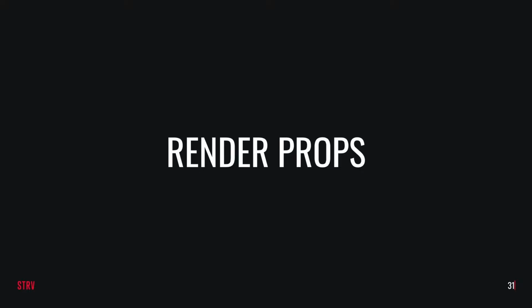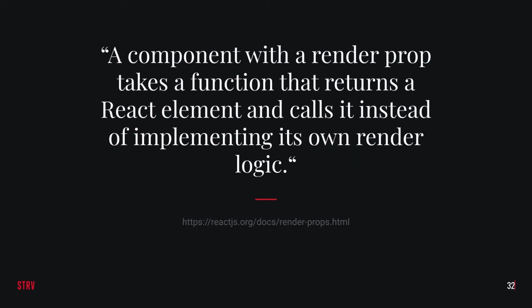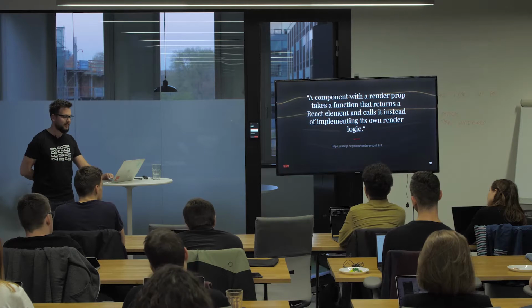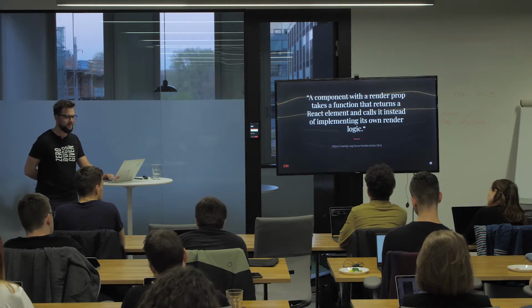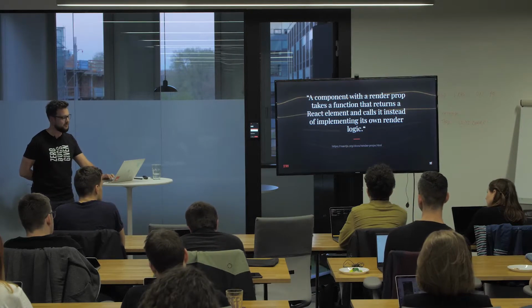Well, another approach is using render props. Again, this is from the React docs. It's a component with a render prop that takes a function that returns a React element and calls it instead of implementing its own render logic. So what does it mean?